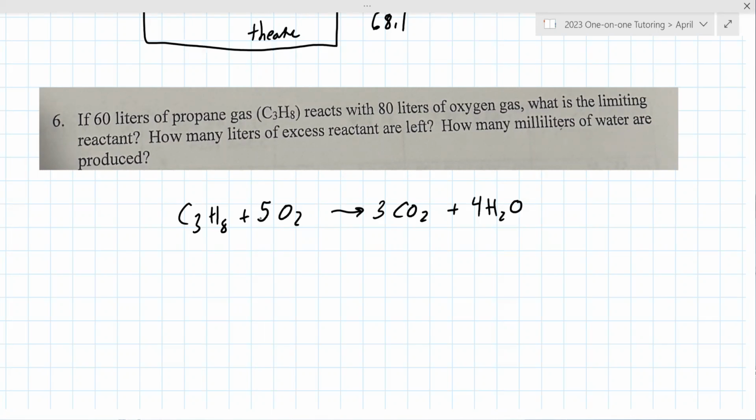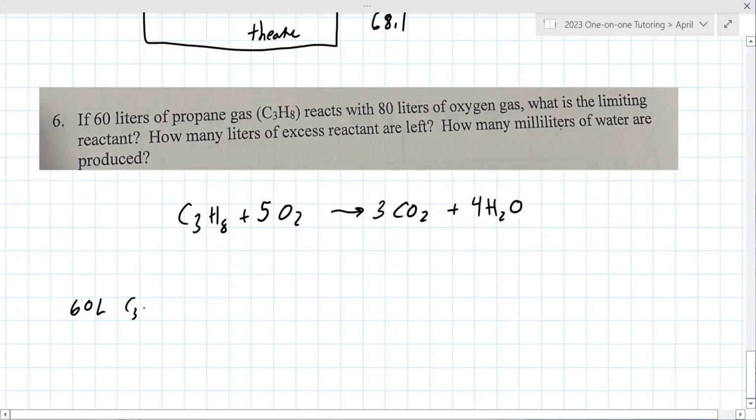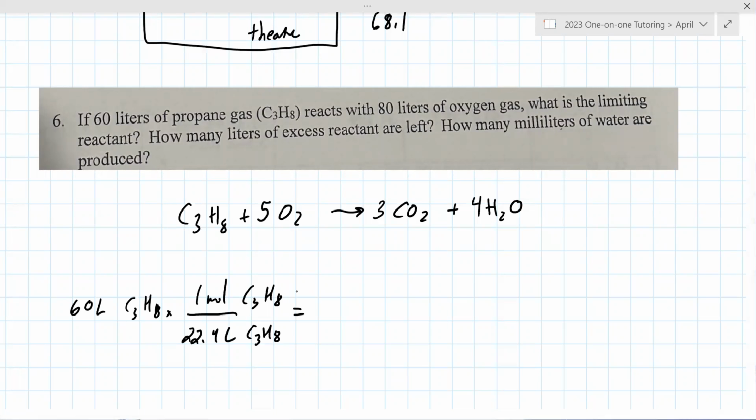All right, and then we start out with this 60 liters of C3H8 times 1 mole of C3H8 per 22.4 liters C3H8. And then we've got to do, which one do we want to go to? We don't know. We go to H2O, right? It actually doesn't matter. You can pick one, but I was looking for information in the problem to see if there was something trending towards one.